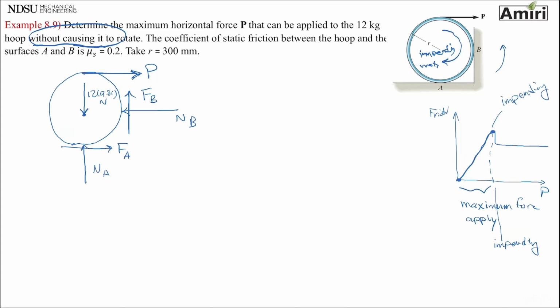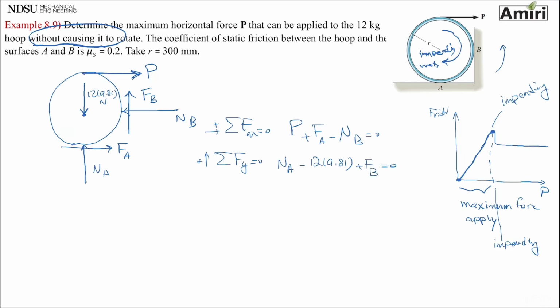Okay, that's basically the challenging part about this problem. Everything else is just really simple. You write summation of forces in x equals 0. I have P plus FA minus NB equals 0. Summation of forces in y being 0. So I have NA minus 12 times 9.81 plus FB being 0.